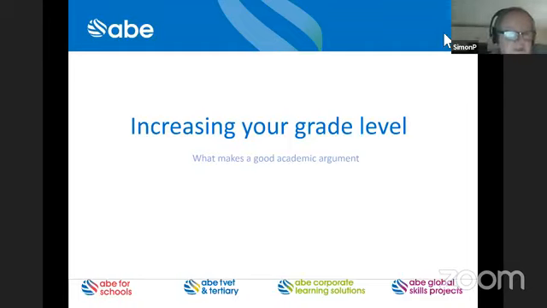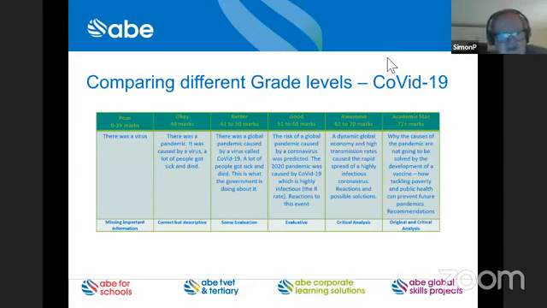If we have a look at grading criteria first of all, in each syllabus for each unit, you'll find that there is a set of grading criteria which differentiate what we expect to see in each of the bands of attainment that the unit has to offer.